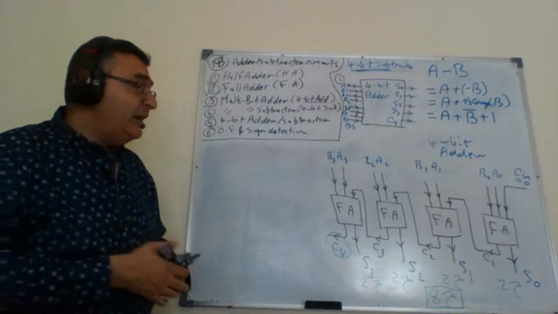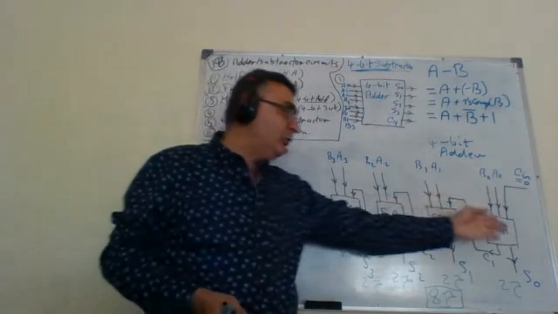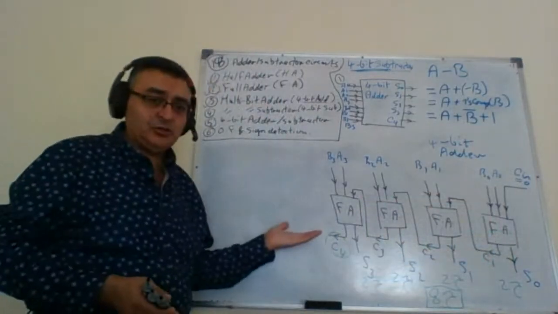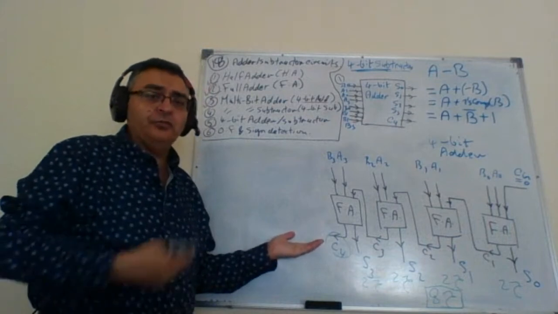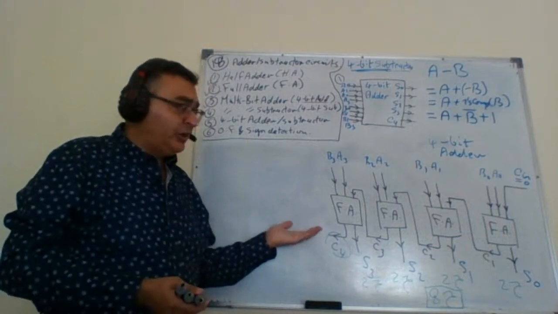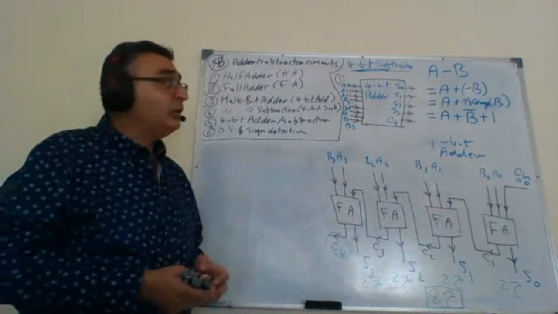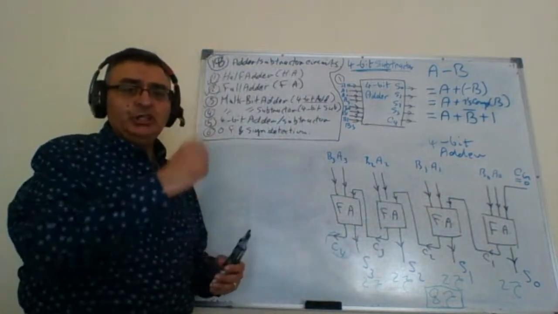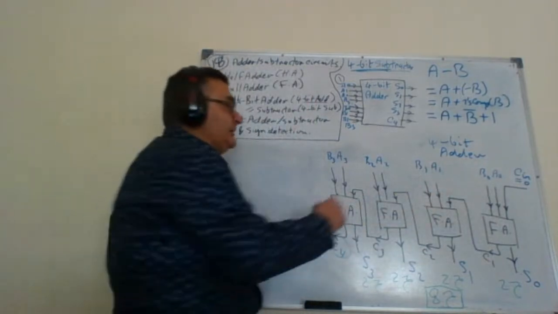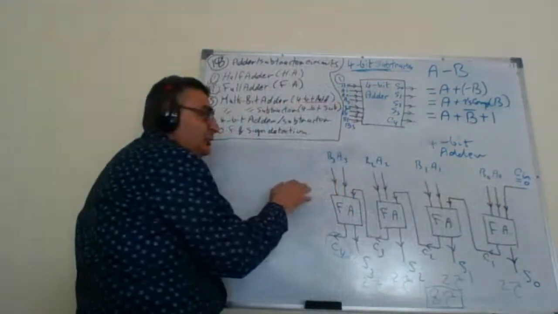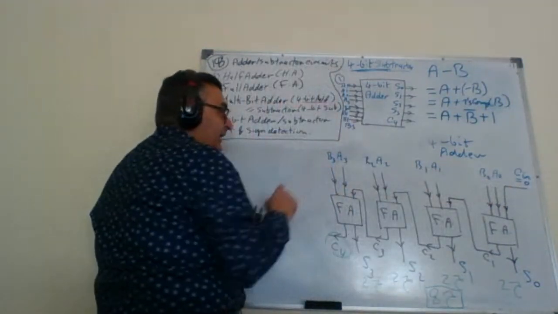That means a very simple modification of the adder circuit can convert the operation from addition to subtraction. What are those changes? Two changes only. This circuit is actually adding A to B. However, I want to add A to B bar and to the value 1.